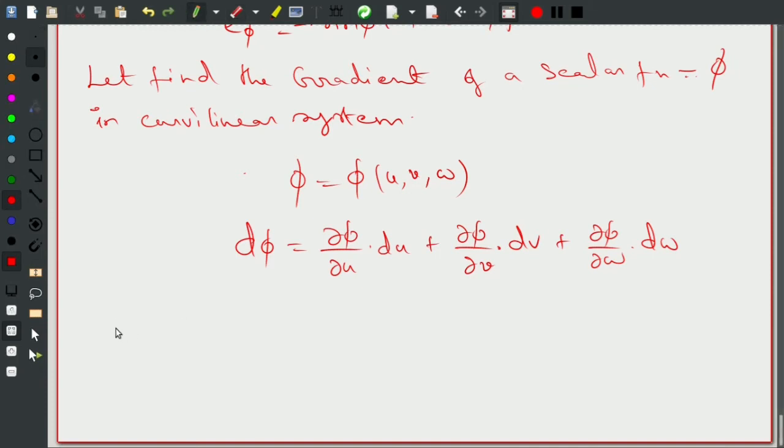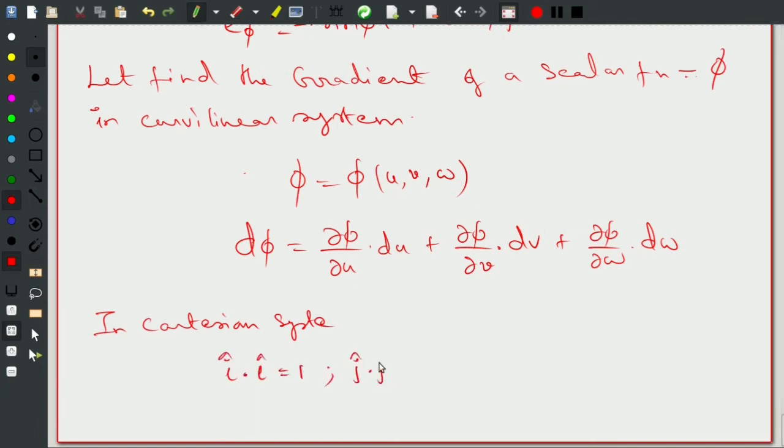Since our aim is to find the gradient, let's use the orthogonality property. In the Cartesian system, i cap dotted with i cap equals 1, similarly j cap dotted with j cap equals 1, and k cap dotted with k cap equals 1.